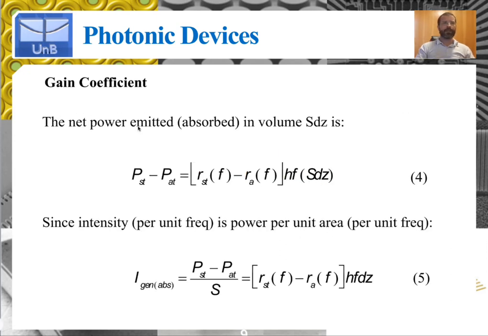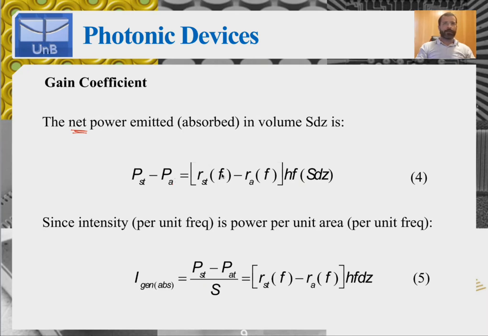And if we want to calculate the net power, with the emphasis on the word net, which means we're interested in the power of light that is emitted but not absorbed by the material, then the net power emitted in the volume S dz is the power emitted minus the power absorbed.